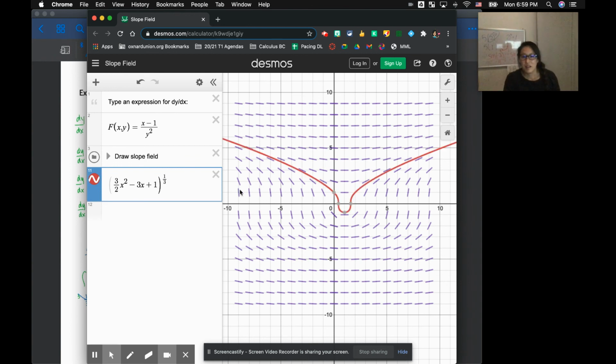Ta-da! Look how pretty that is. Okay, so when we can actually solve the differential equation using calculus, we can test our solution in our slope field generator.